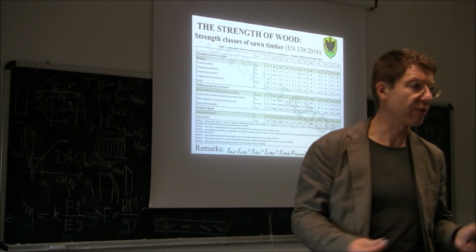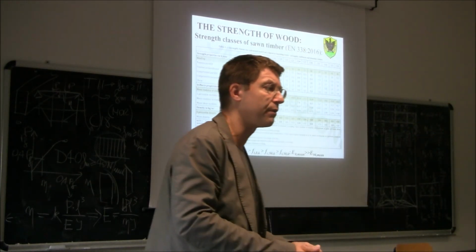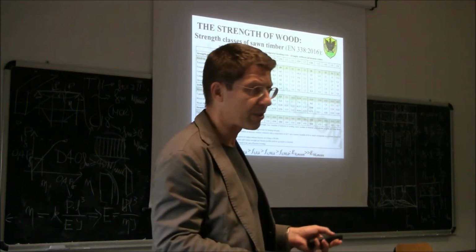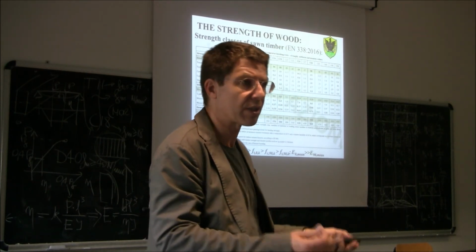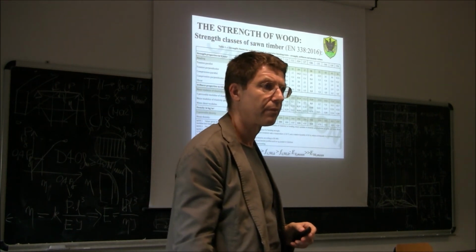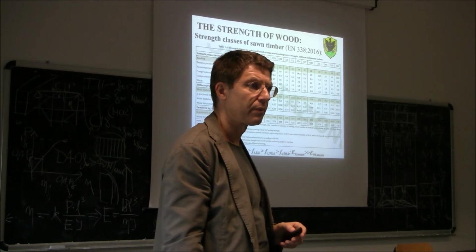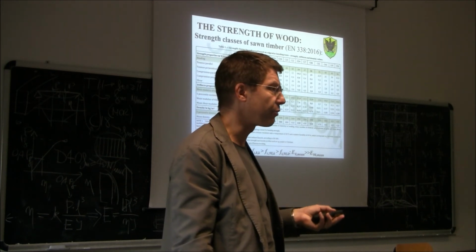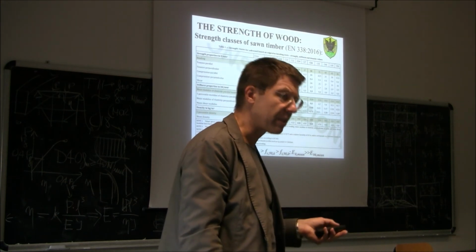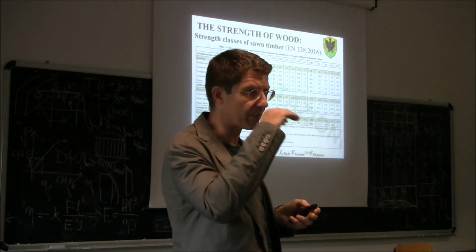The fifth percentile is used for what kind of design? For which limit state? Not ultimate? For ultimate limit state, which kind of value of strength do we use? The design, but the design is calculated based on which value of strength?